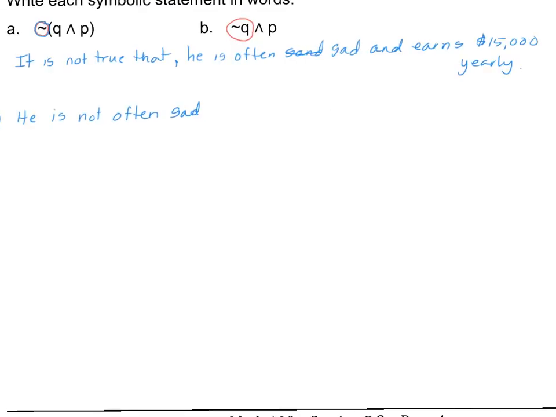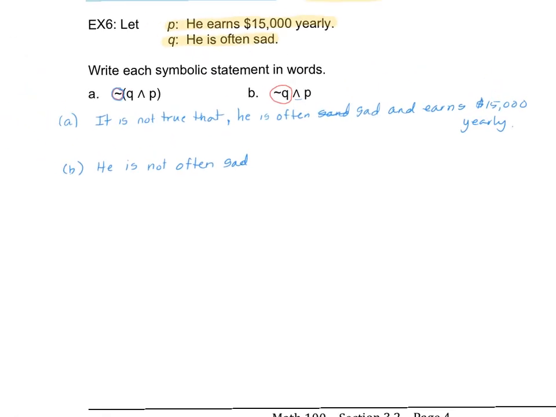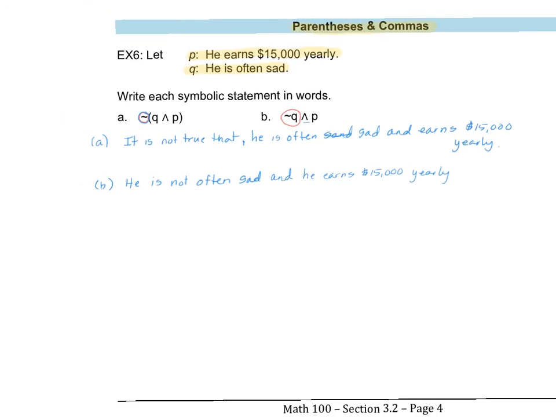And he earns $15,000 yearly. So he is not often sad and he earns $15,000 yearly. When you look at these two statements and you look at their meaning, they don't mean the same thing. So you do have to be careful with your use of parentheses, okay?